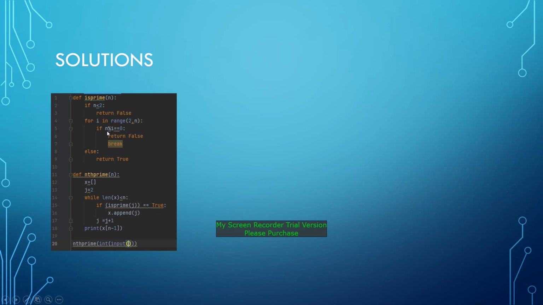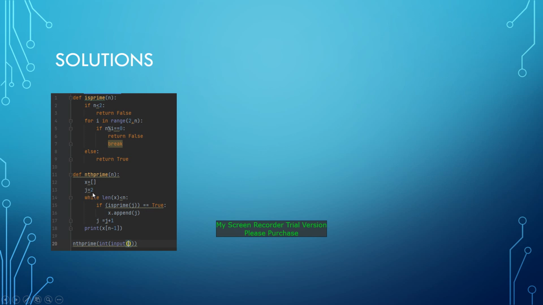Then I did the same as Keen, where I checked the number n. If I divide it by i and I get a 0 for a remainder, then it means that number is divisible by something else. So it is not a prime number. So I return false and I break. Otherwise, it is a prime number. Then for my second function, I created an empty list.